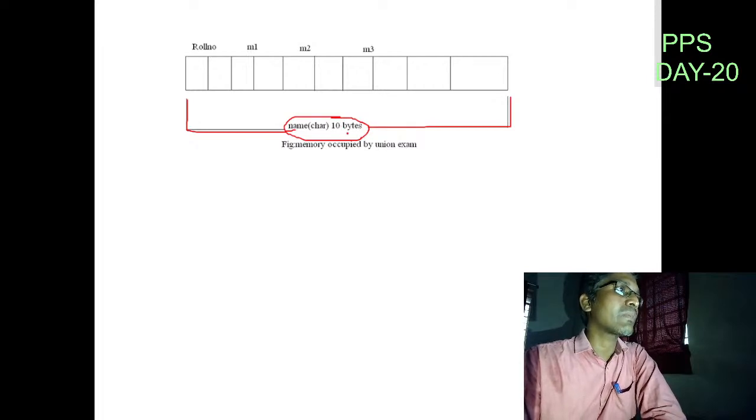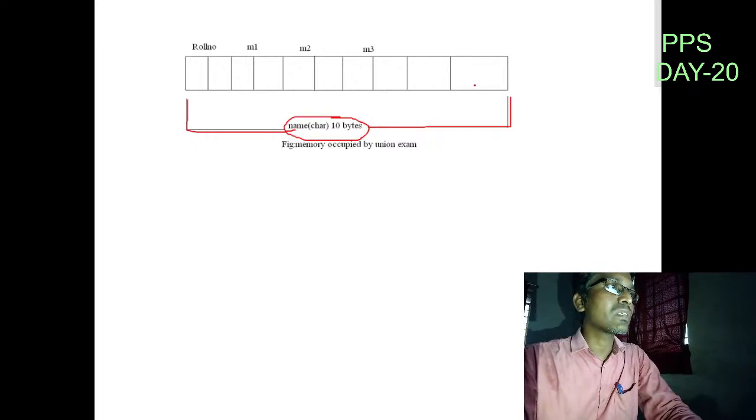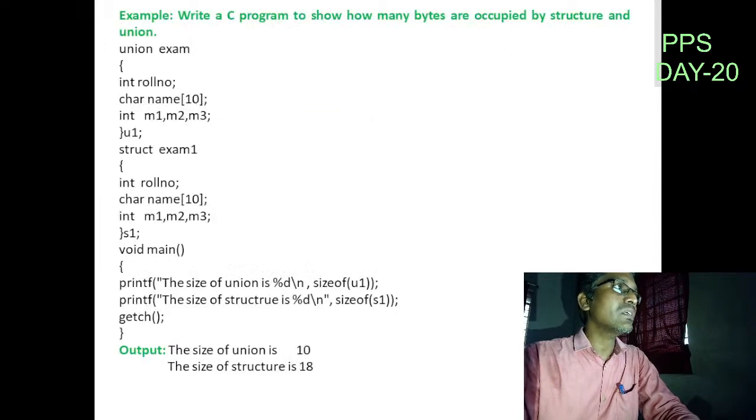Within the 10 bytes, the remaining roll number and mid marks share the same memory location. That means in a structure, every member has its own memory location, whereas in a union, the member with the largest bytes occupies the memory location and the remaining members share the same memory location. So that is the difference between structure and union.